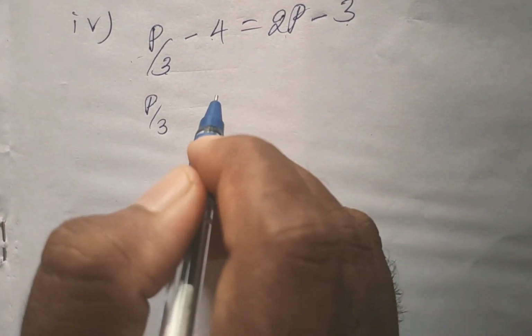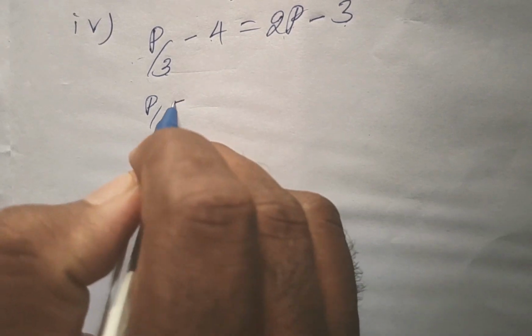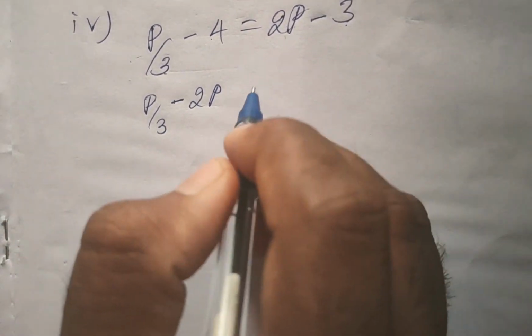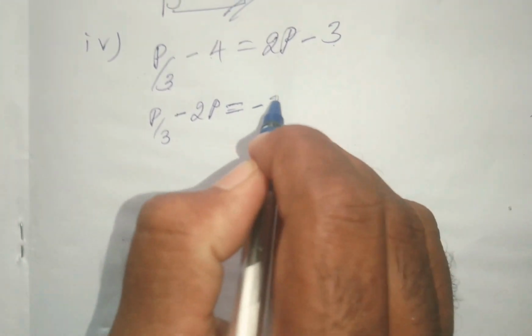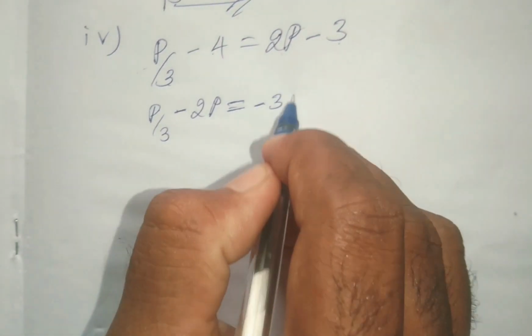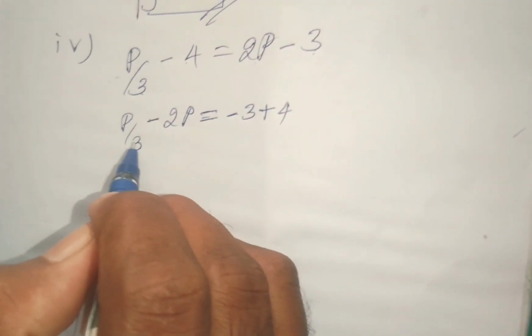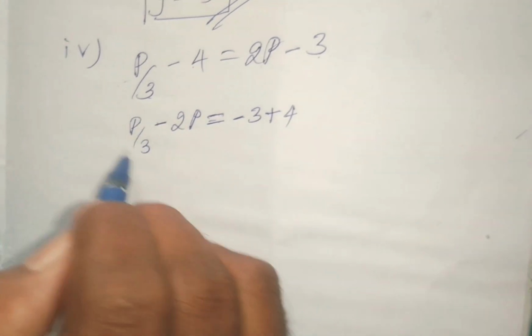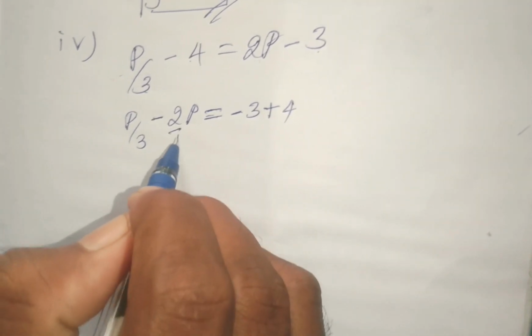P upon 3. Okay. Now take this 2p. Plus 2p is there, that becomes minus 2p. That is equal to minus 3, keep this minus 3 as it is. Then take this minus 4 to this side, that becomes plus 4. Now here this is the fraction 1 by 3, and here this is not a fraction, so 2 upon 1 is there.